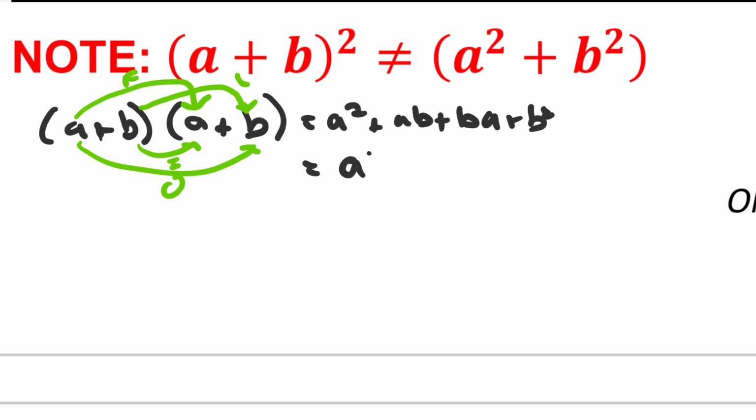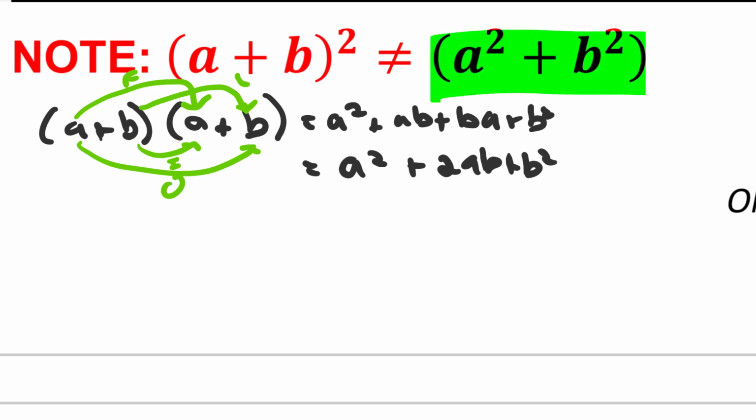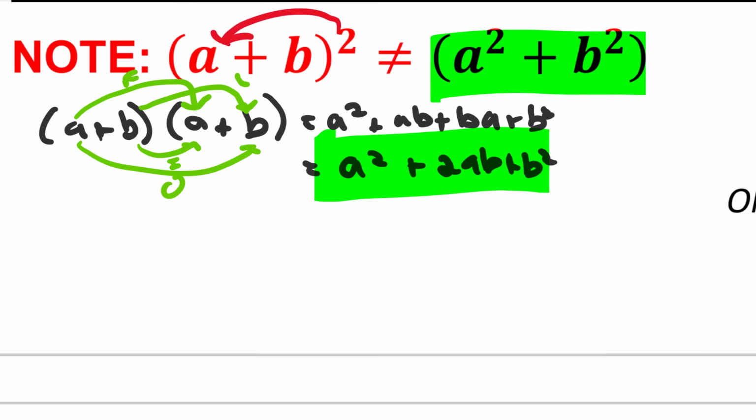So when you simplify, it's A squared plus 2AB plus B squared. Note that these two here are not the same. So when you have a plus sign, you cannot distribute in. You cannot do that. Common mistake here.